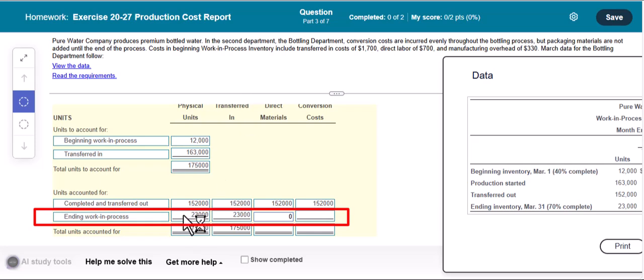And then finally, for these 23,000 units, what percent has had conversion costs added to them? Well, remember up here it says conversion costs are incurred evenly throughout the process. So that's right here, conversion costs incurred evenly throughout the bottling process. That means those conversion costs are 70% of the way through.